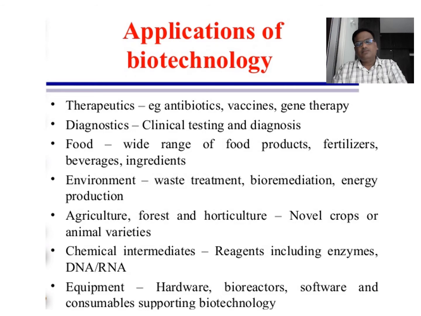So, biotechnology also has its applications in the field of agriculture, forest, and horticulture, right? And for example, all of you heard about the BT cotton, right? So the gene, they have used a gene from Bacillus thuringiensis bacteria, and they have produced a cotton variety which is resistant against cotton bollworm, right?